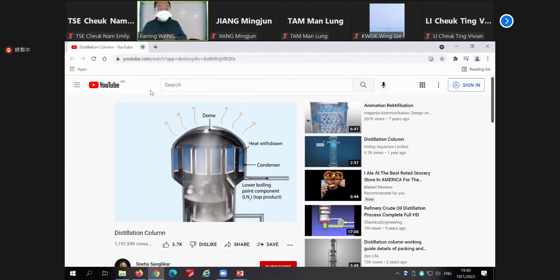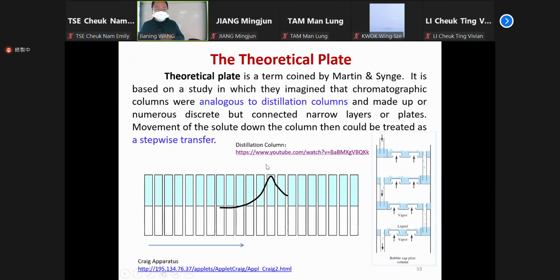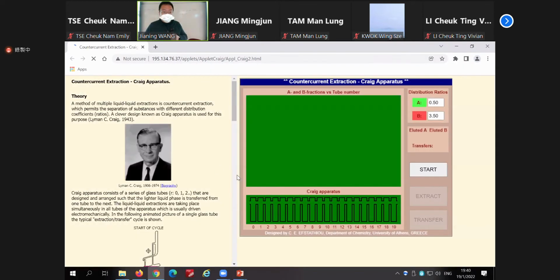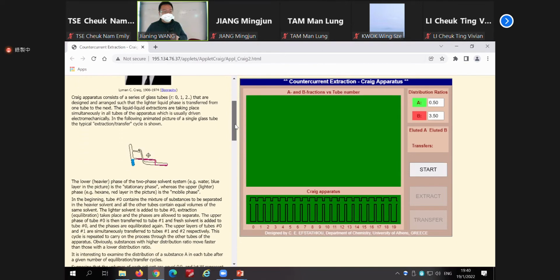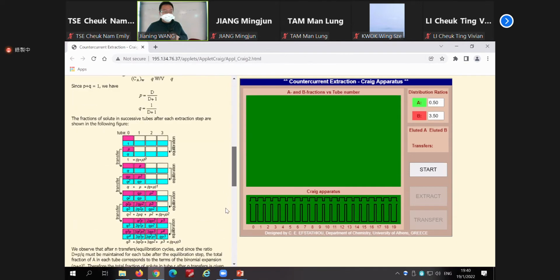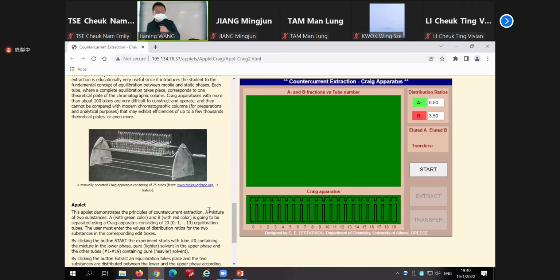We have another good model, called the Craig apparatus. I think this one is better than the distillation tower. This is the picture.